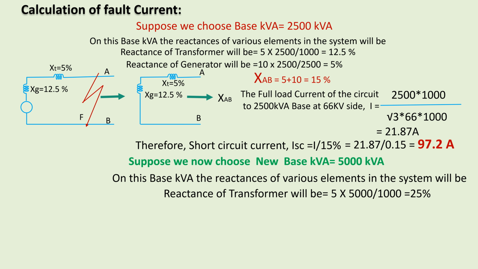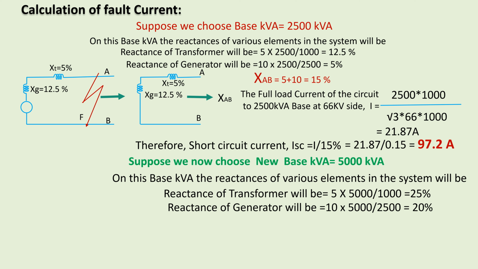Suppose we now choose base kVA equal to 5000 kVA. On this base kVA, the reactances of various elements in the system will be: reactance of transformer is equal to 5 into 5000 divided by 1000 is equal to 25%.